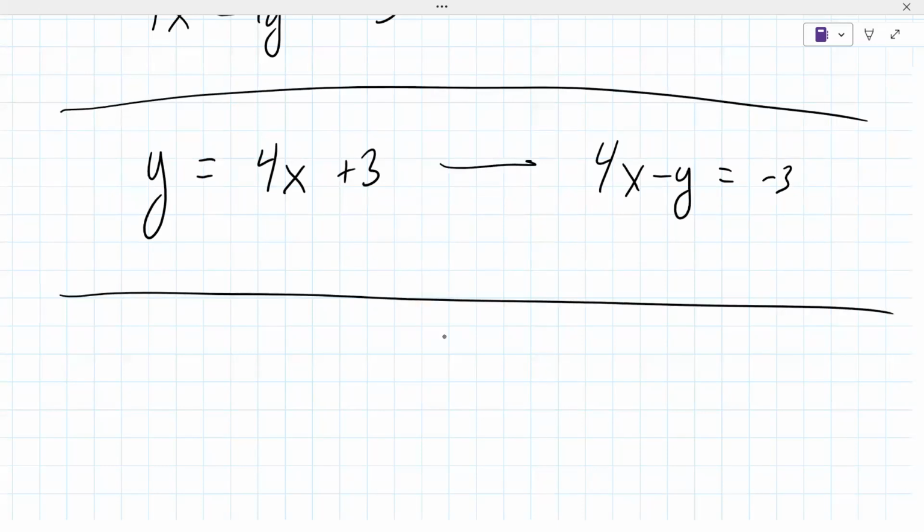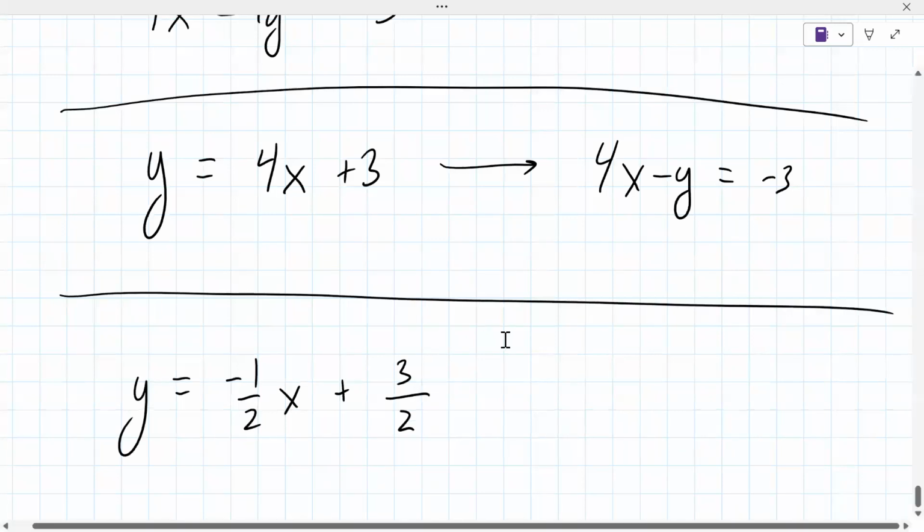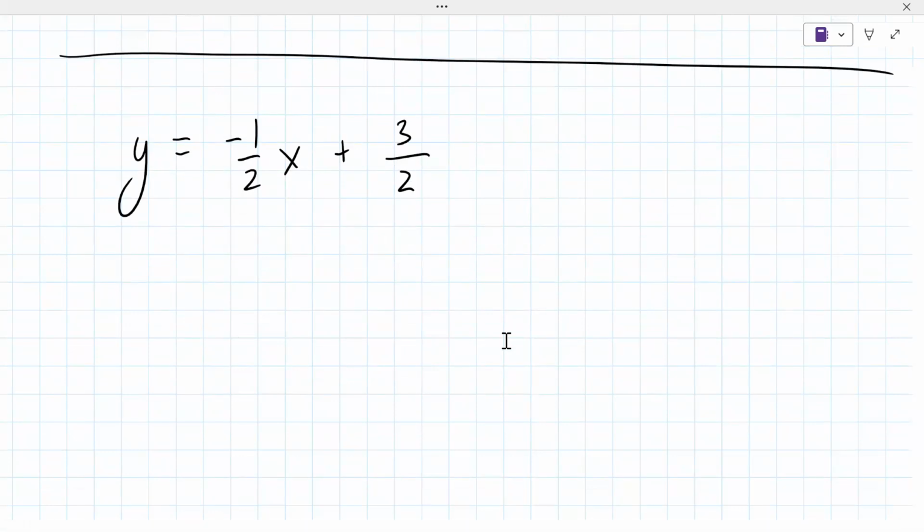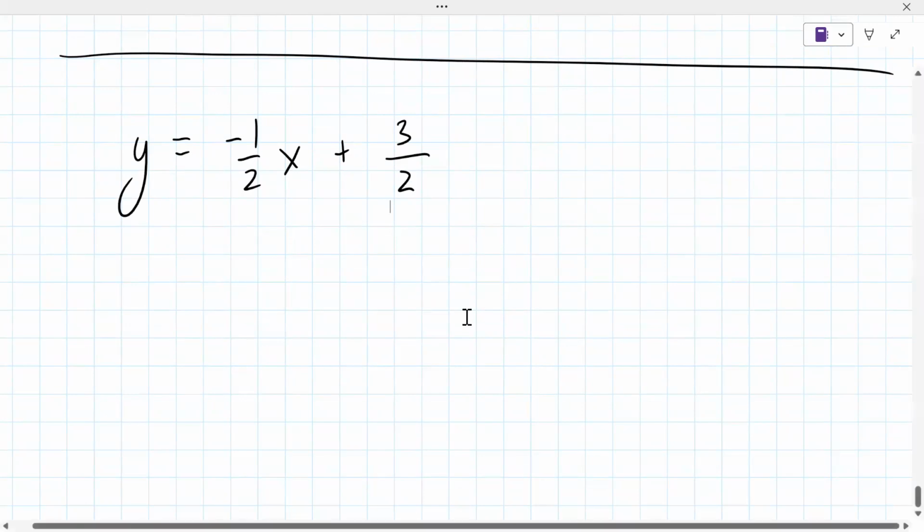So now let's try another one here. Let's go y equals negative 1/2 x plus 3/2. Do you have to make the fractions into whole numbers?